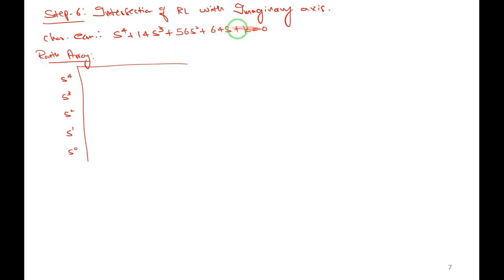So list out the odd term coefficients in the first row: 1, 56 and k, where k is the constant term. Then list out the even term coefficients, 14 and 64. Only 2 elements will come in the next row, and we know this one is k.